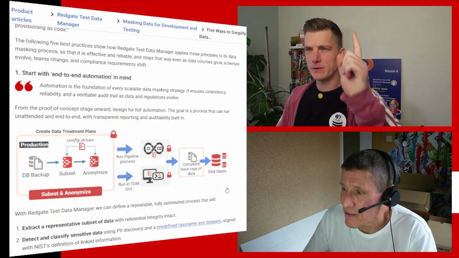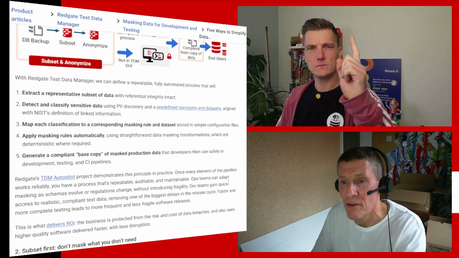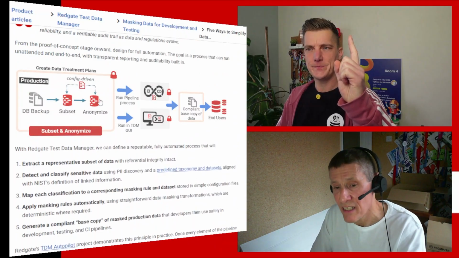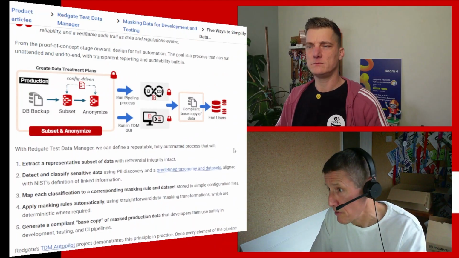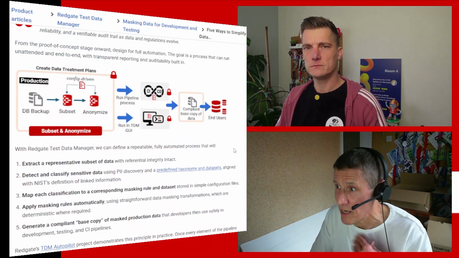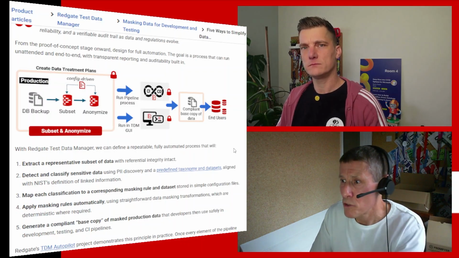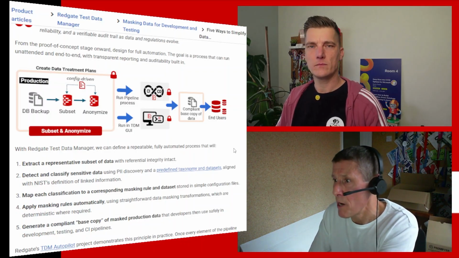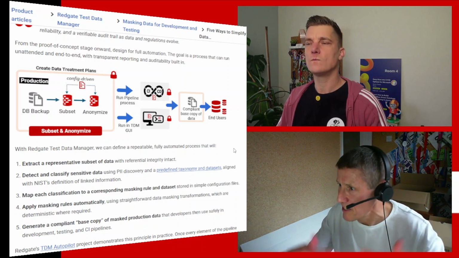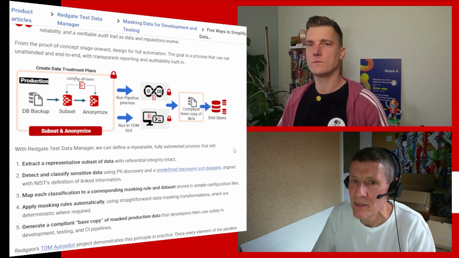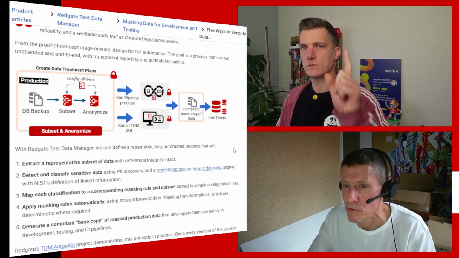That's rule number 1. It shows a little pipeline that you can implement. There's a TDM autopilot. We spoke to Huxley Kendall a while back, who did Flyway autopilot. Same principles: how in principle do you get an end-to-end pipeline set up straight away, and then start building on it and improving it.